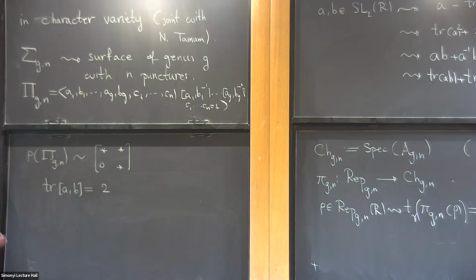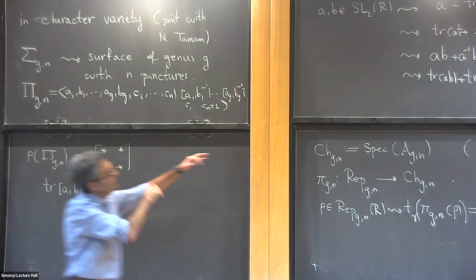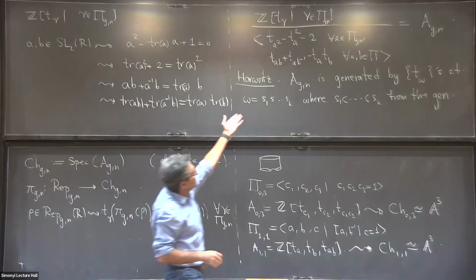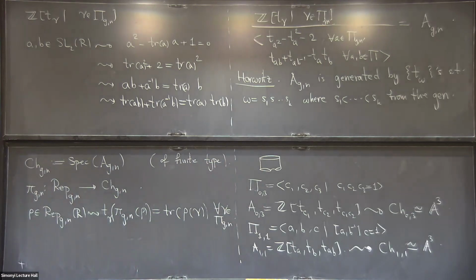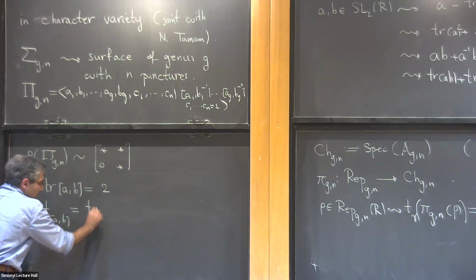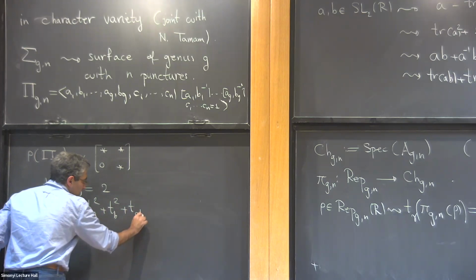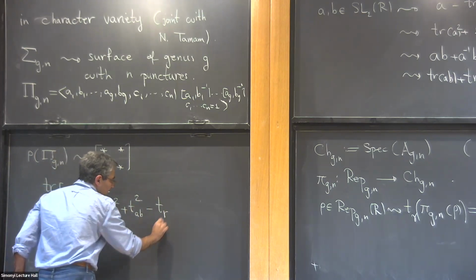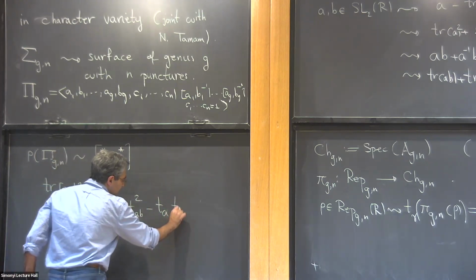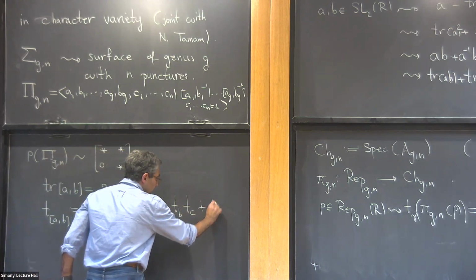So it's important to understand what is the trace of a commutator. If you play with the Fricke relations, then you understand what is the trace of a commutator. So the trace of the commutator is going to be trace of a squared, trace of b squared, trace of ab squared, minus trace of a, trace of b, trace of ab, plus 4.